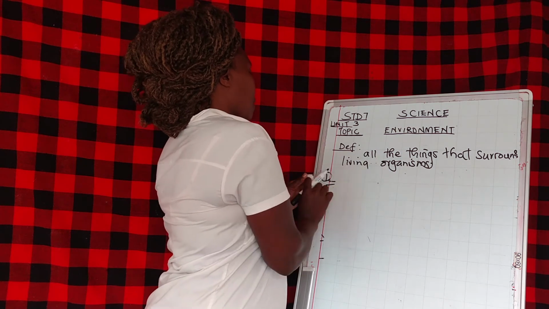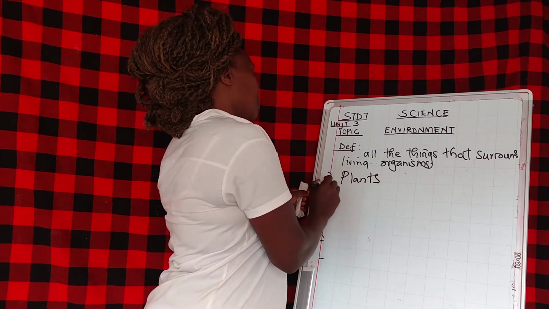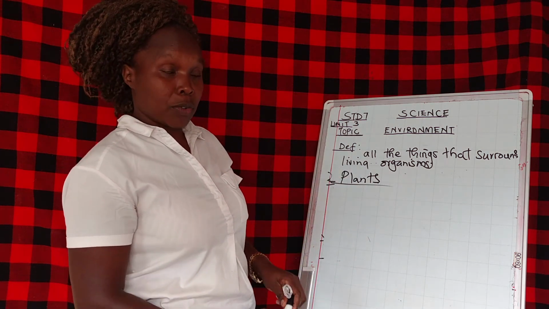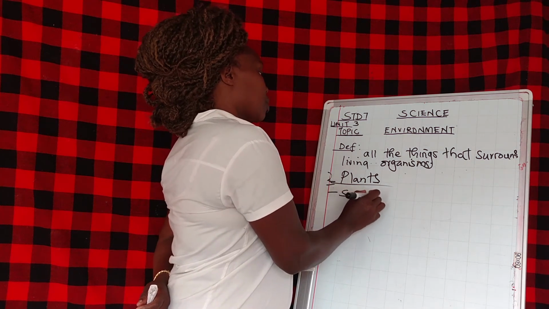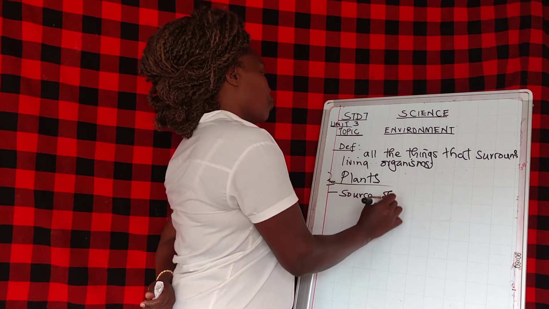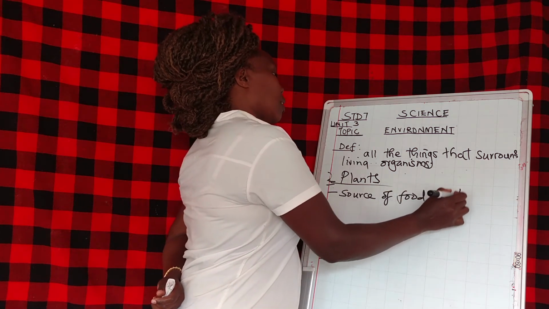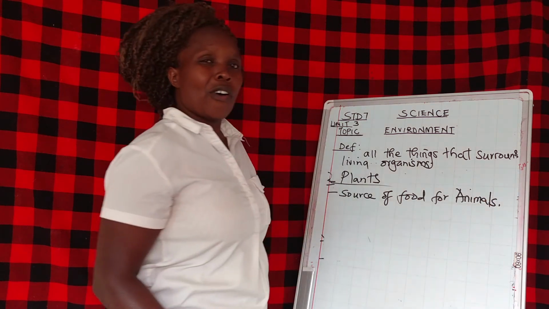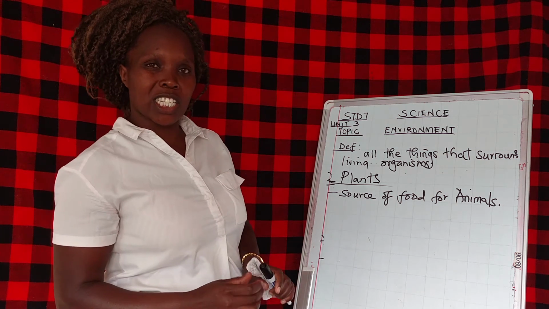What about plants as a component of the environment? Plants are a major source of food for animals. We know that animals do not make their own food, but plants do.